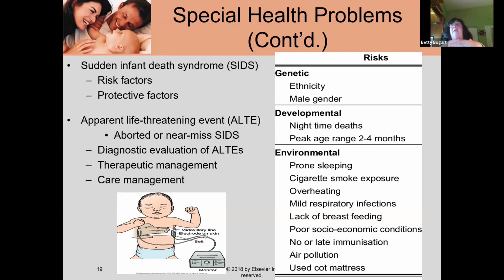They go through a big workup for it, making sure the brain's okay, and they go through GI, making sure it's not reflux. And then they'll send them home with what we call an apnea monitor. It's just a Velcro strap right across the nipple line, and it measures respiratory rate and heart rate. And there's this horrible alarm that goes off.